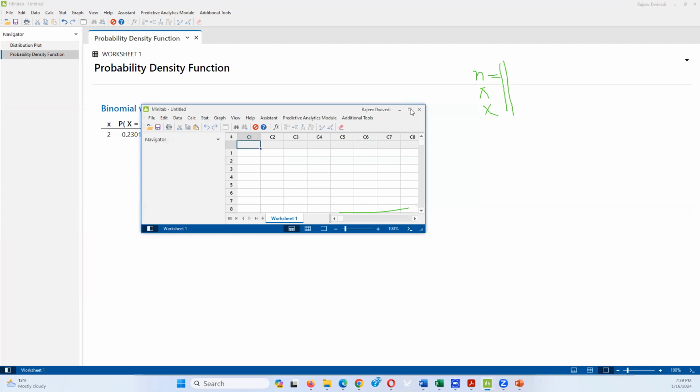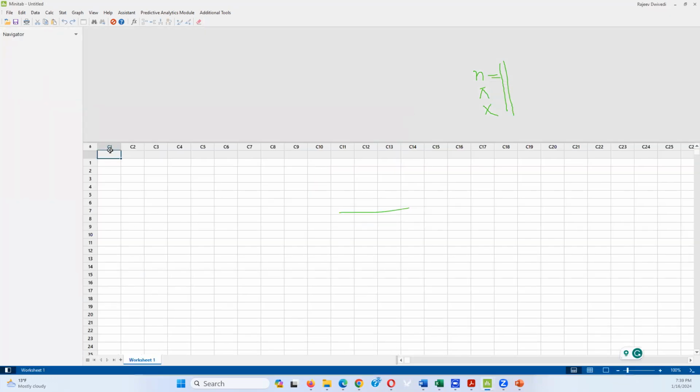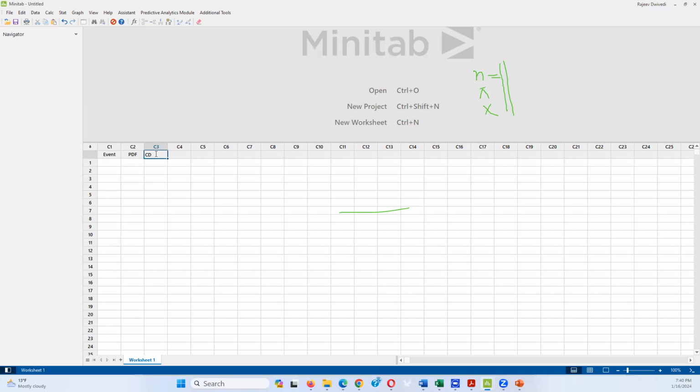So here, I'm just going to show you one more time. This is the event, and this is PDF. I'm just going to show PDF, and then CDF. Now the event is 0, 1, 2, 3, 4, 5, 6, 7, 8, 9, 10, 11, 12.